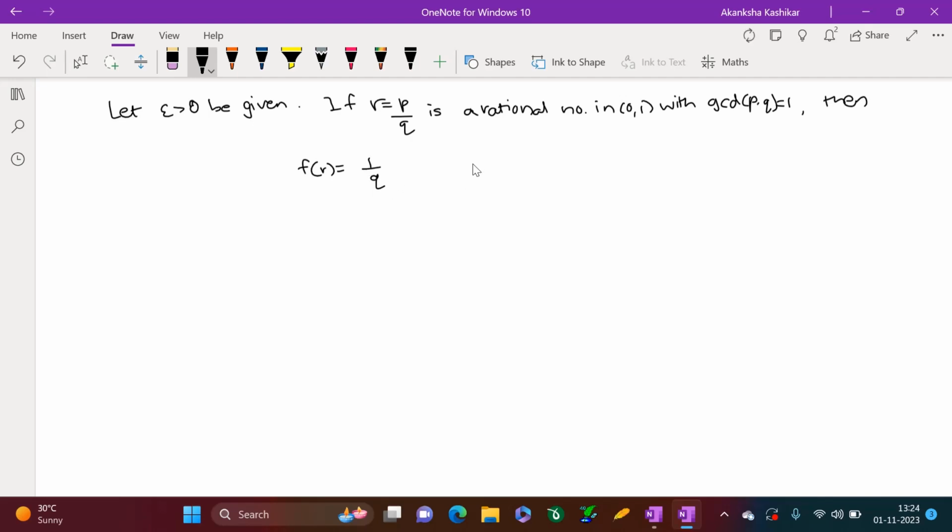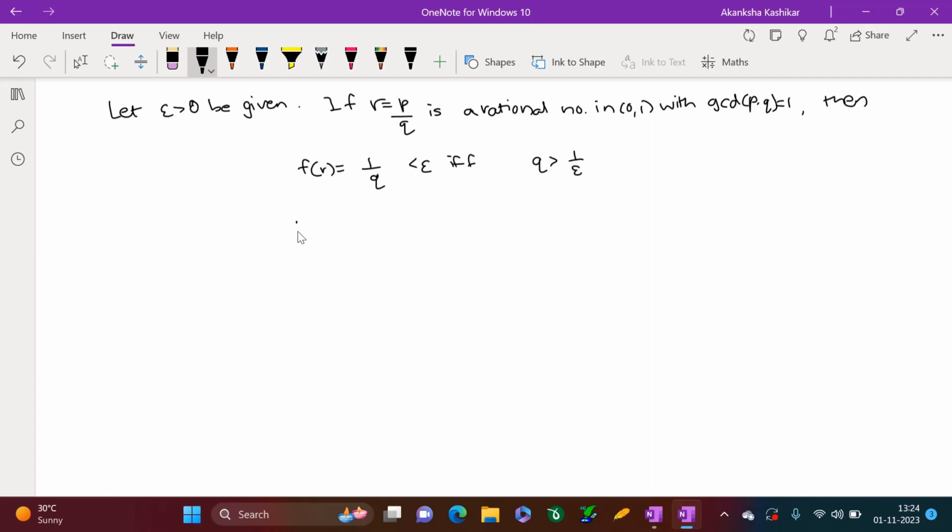Okay, so 1 by q is less than epsilon if and only if q is greater than 1 by epsilon. So then we don't have a problem.